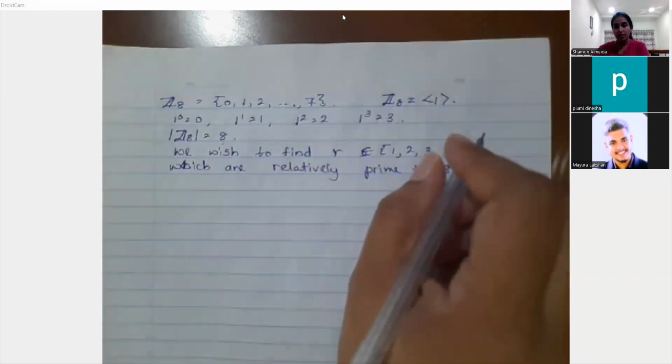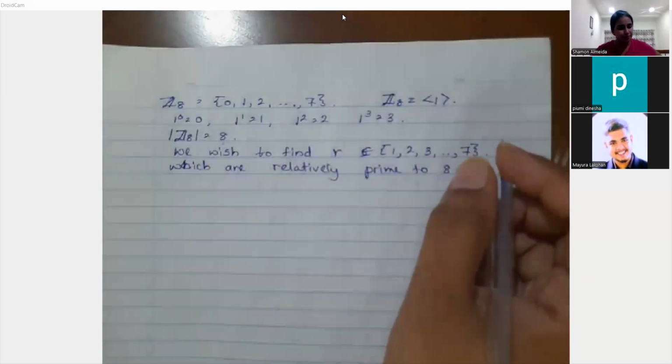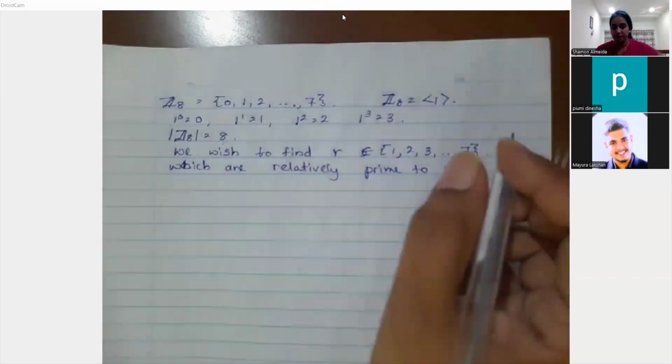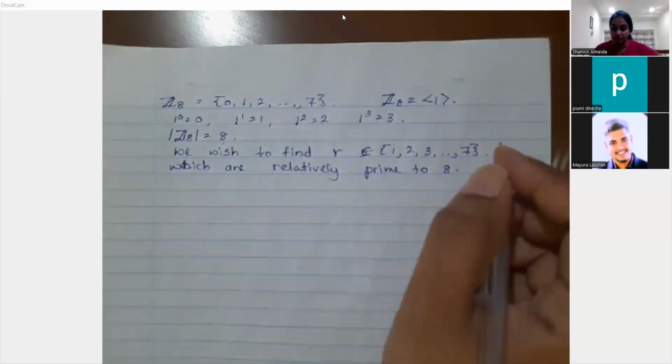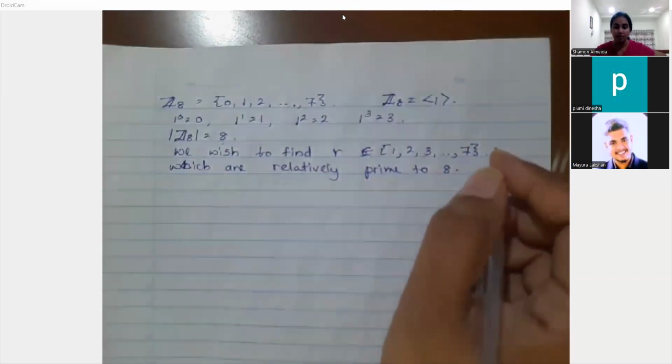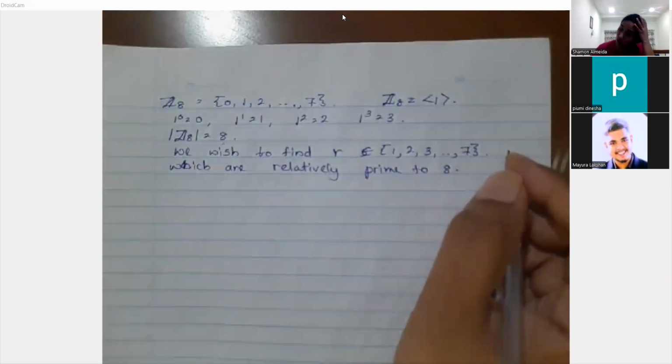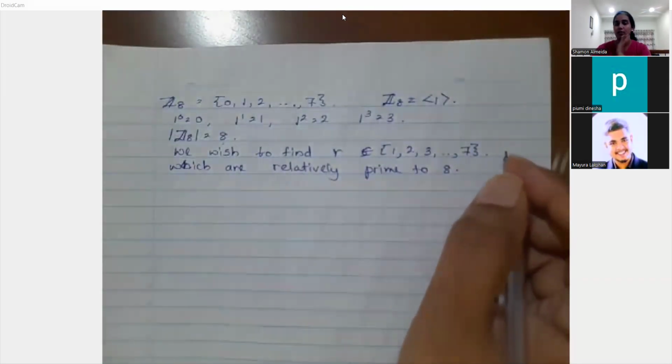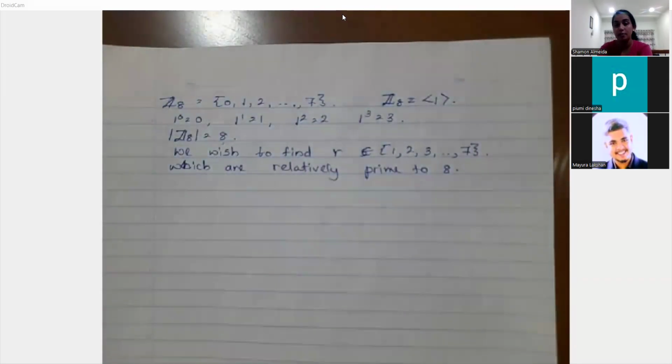So what are the elements that are relatively prime to 8? Do we have 2 to be relatively prime to 8? No, the greatest common divisor between 2 and 8 is simply 2, right? 3? Yes. And then what else? 4? No. Then we've got 5. Then 6? No. Finally, we have 7.